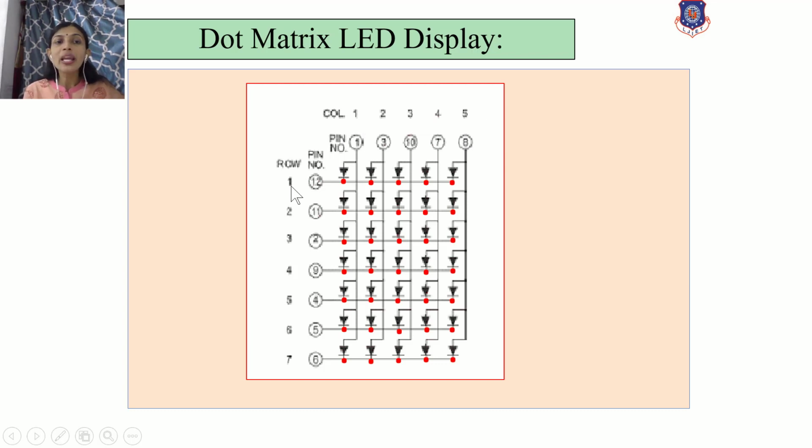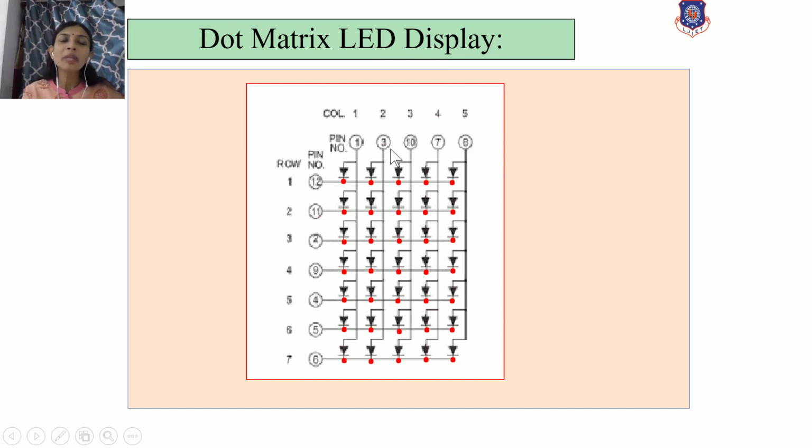And you can visualize these are the rows. 1, 2, 3, 4, 5, 6, 7. So with 5 columns and 7 rows, different patterns of LEDs can be generated. All LEDs are connected in a particular pattern using dot connection. That's why the name of this construction is dot matrix LED display.